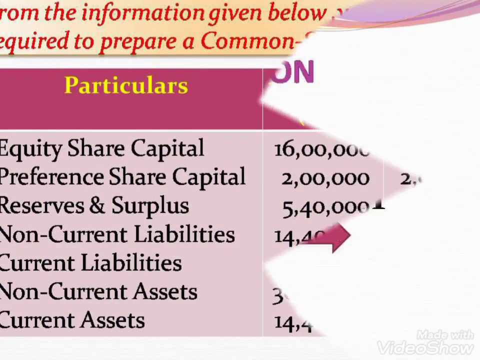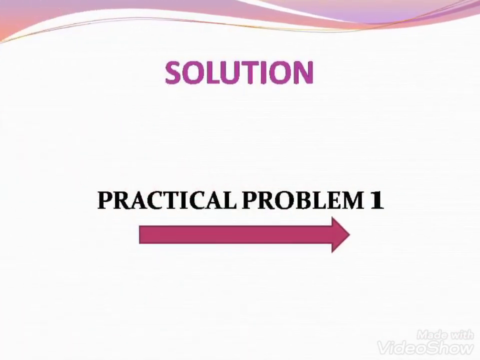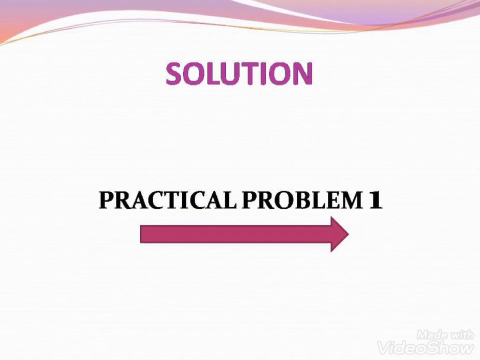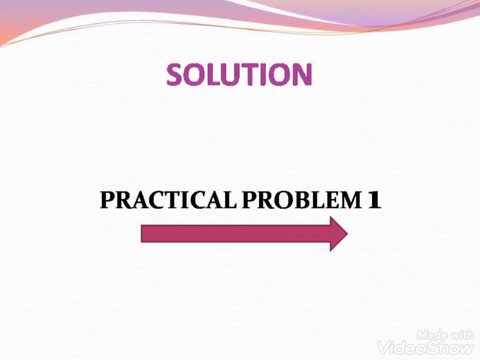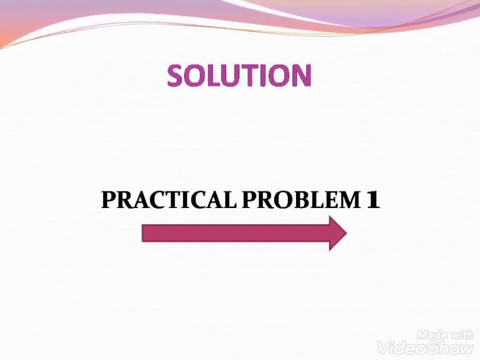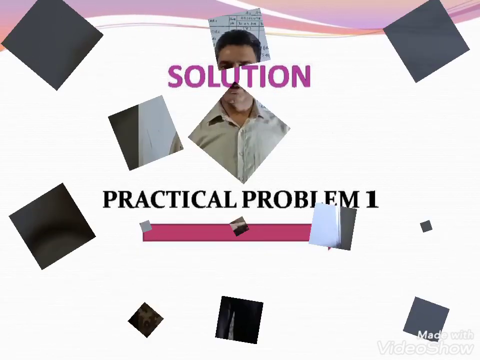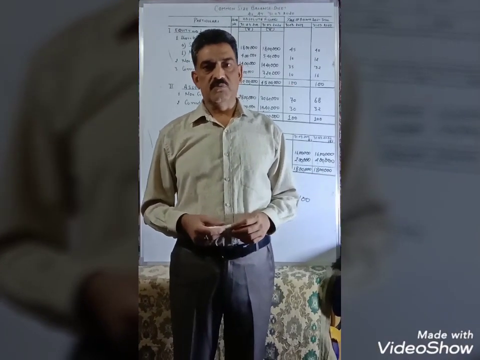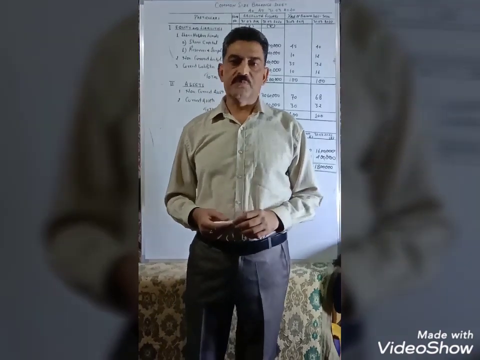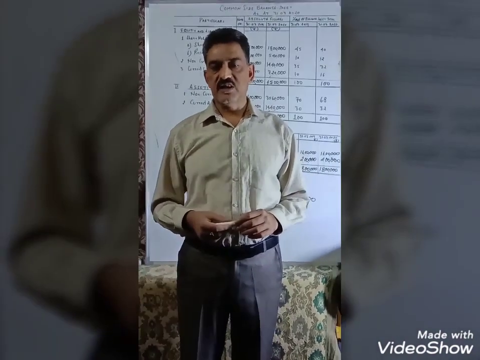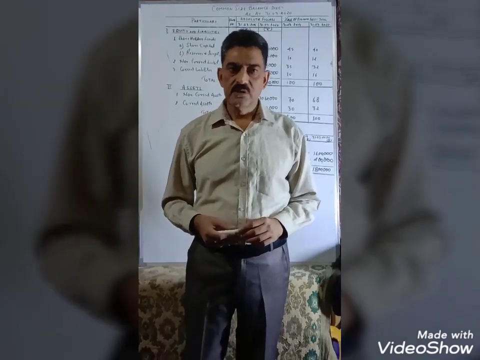Now, we will prepare a common size balance sheet for practical problem 1. For the information given in the practical problem, we are supposed to prepare a common size balance sheet of the company.